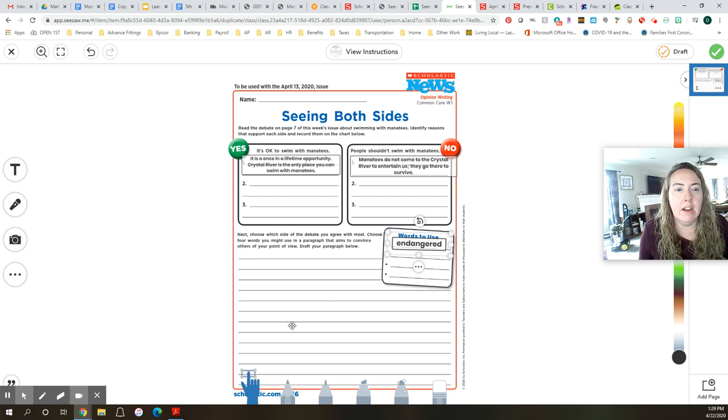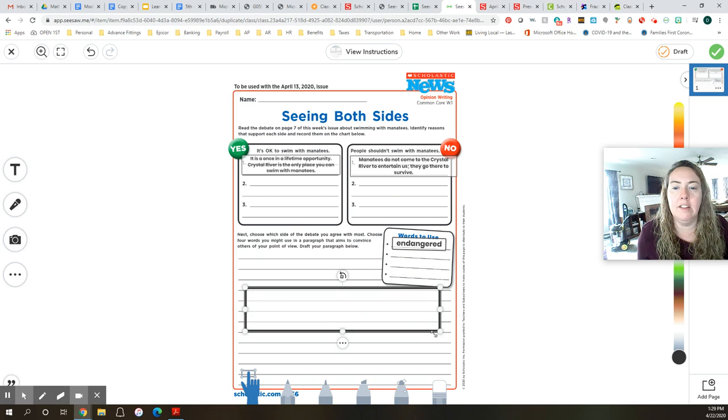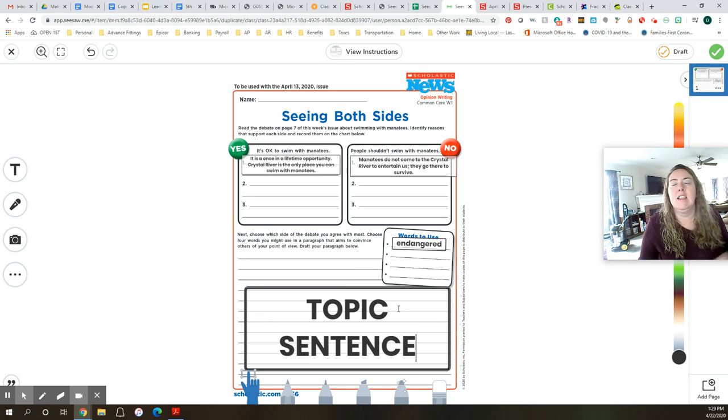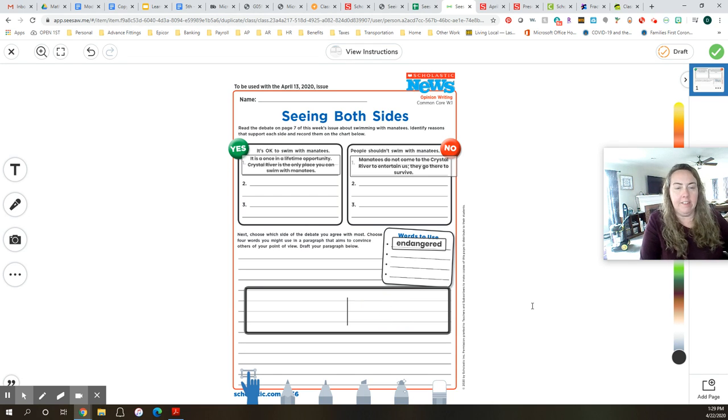Now down here, you are going to write a paragraph about your opinion. Now, 5th graders, a good paragraph always begins with what? A topic sentence or a main idea sentence. You got it. So your first sentence should be your opinion.